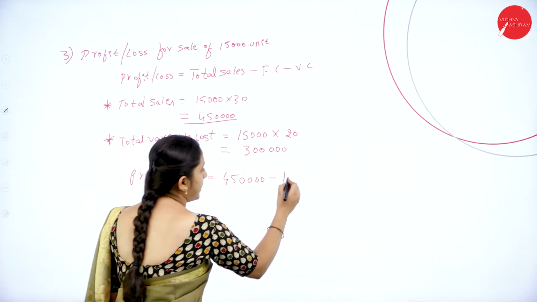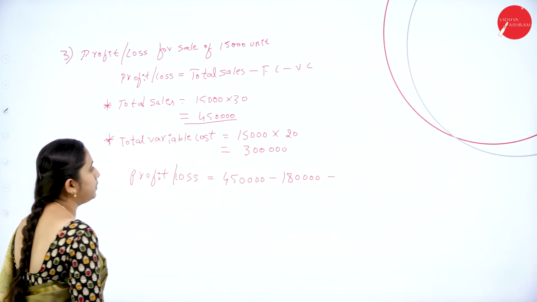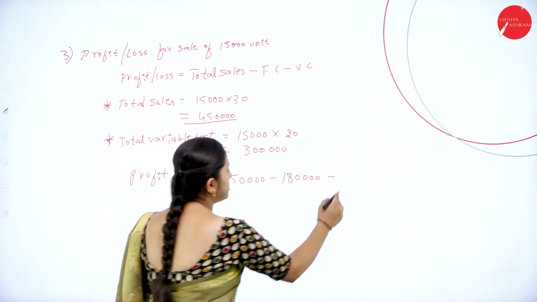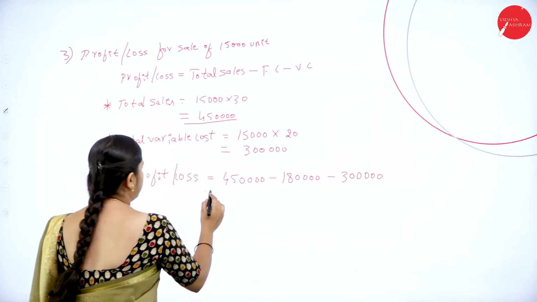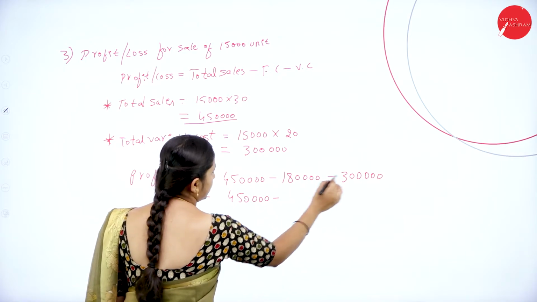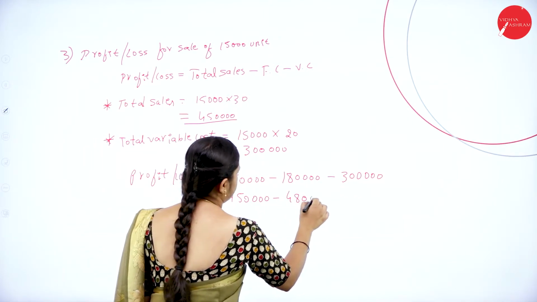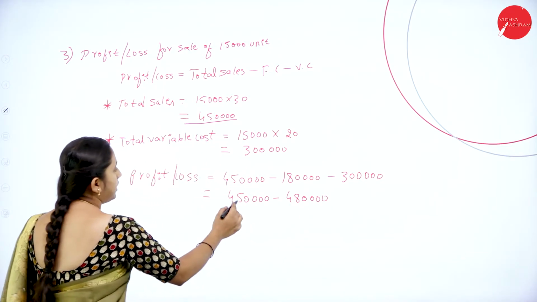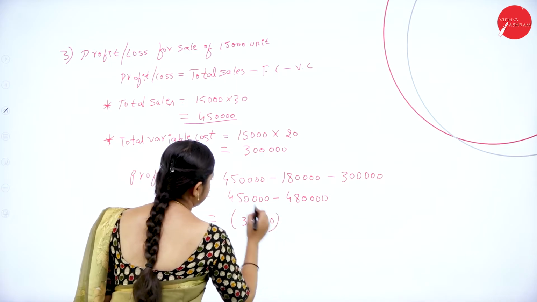So, write 1,80,000 minus variable cost. Total variable cost 3 lakh. 4,50,000 minus 1,80,000 plus 3 lakh. 4,80,000. 4,50,000 minus 4,80,000 is minus 30,000.